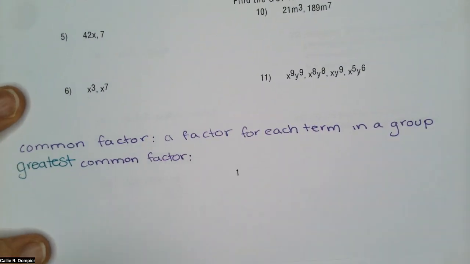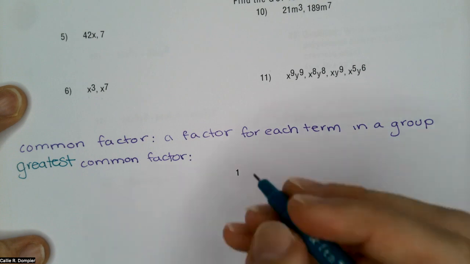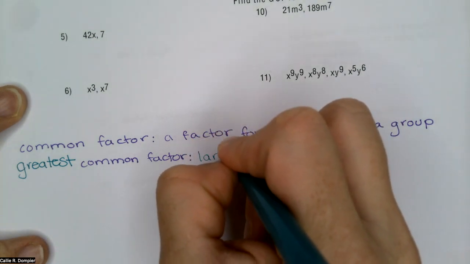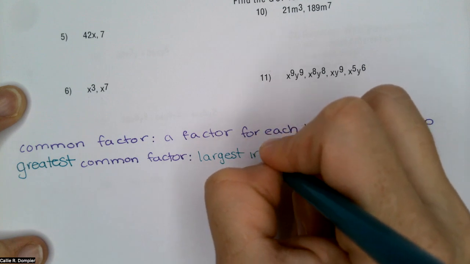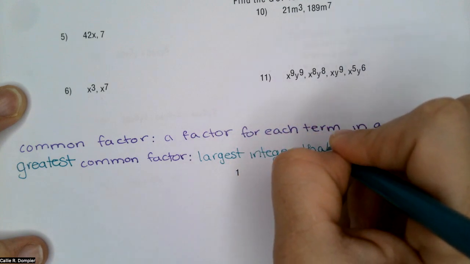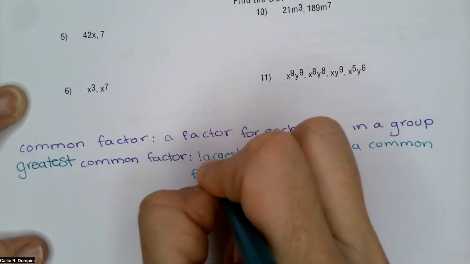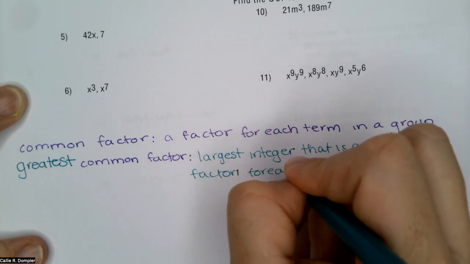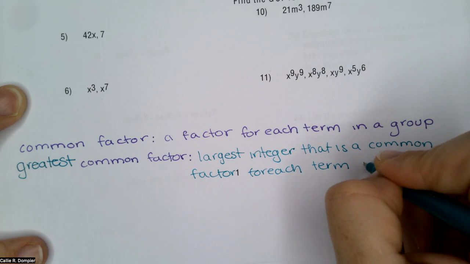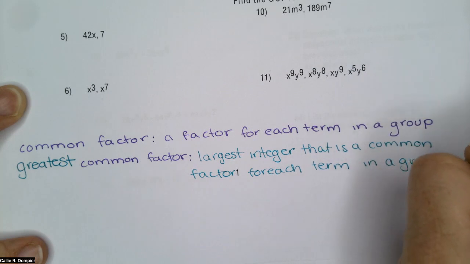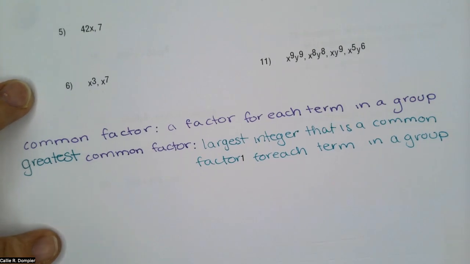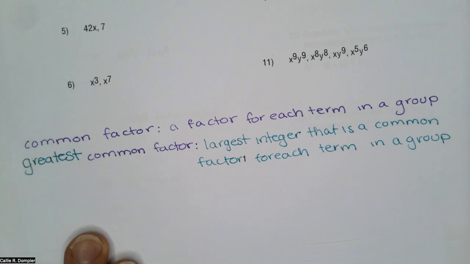If you have two factors for each term in the group, the greatest common factor is the largest number for each term in a group. Okay, so what we want to do is factor each number completely, create that list of factors, and then find the biggest factor of all of the terms. Okay.